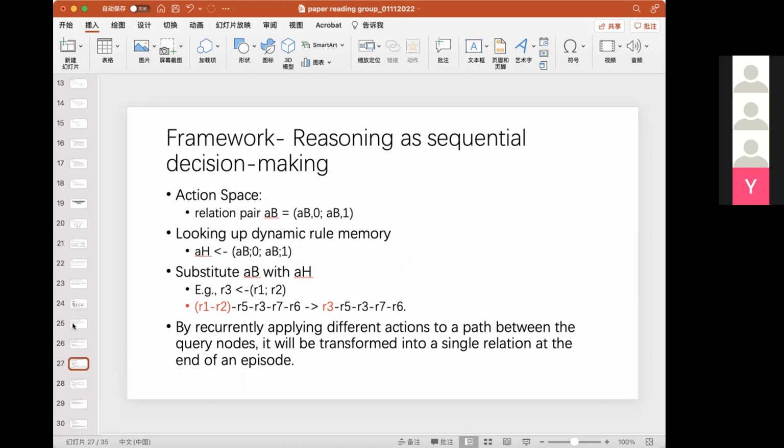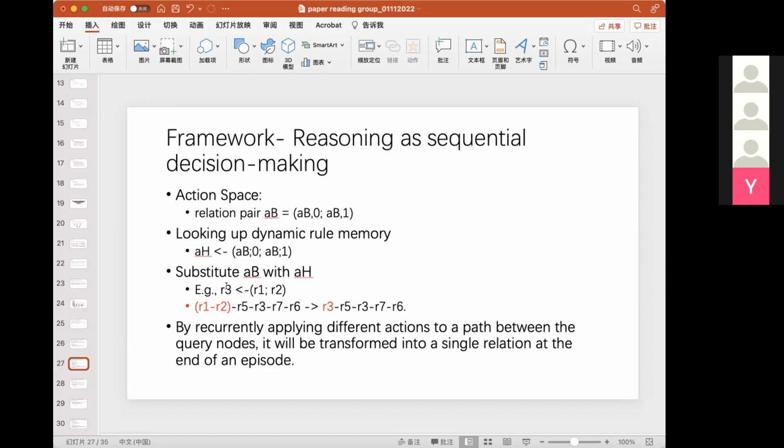So in this case, do they just pick the most likely R3? What if there are different possibilities? Do they choose top K, or do they just pick the most likely R3 here?